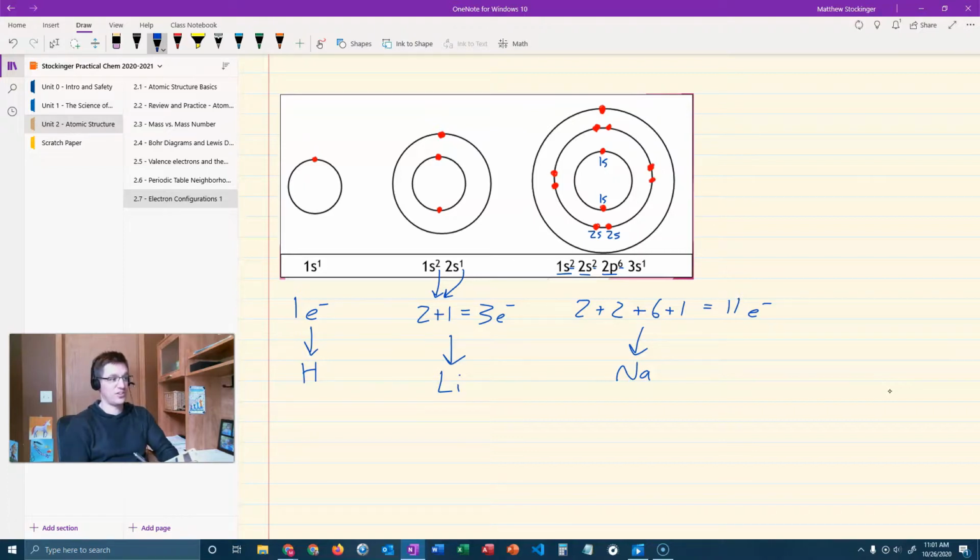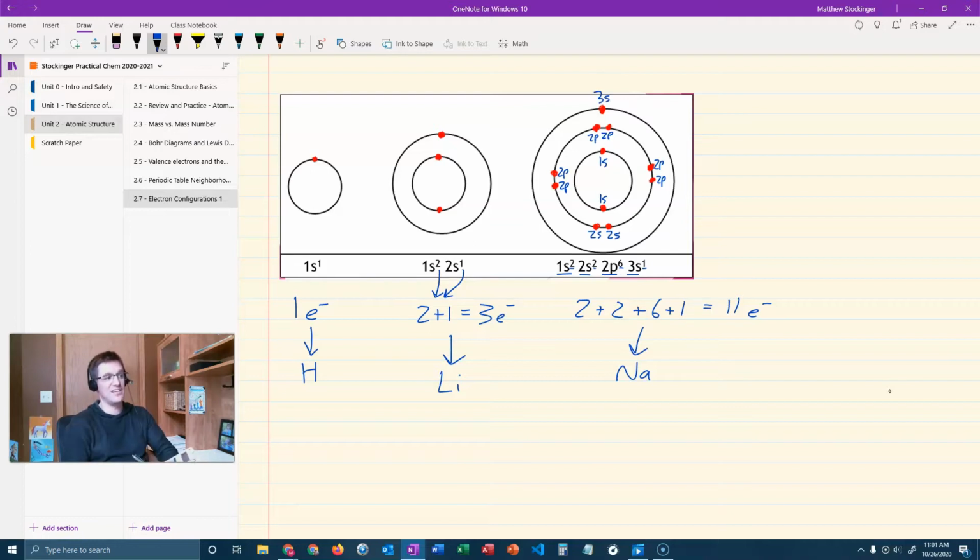So look, we're still in the second energy level, the coefficient tells us. So there's a 2p, 1, 2, 3, 4, 5, 6. Those are the 2p electrons. And finally, there's 1 electron in the third energy level in an s subshell. So there it is, 3s.